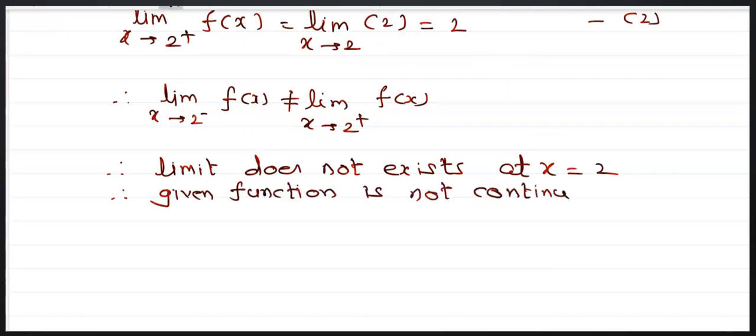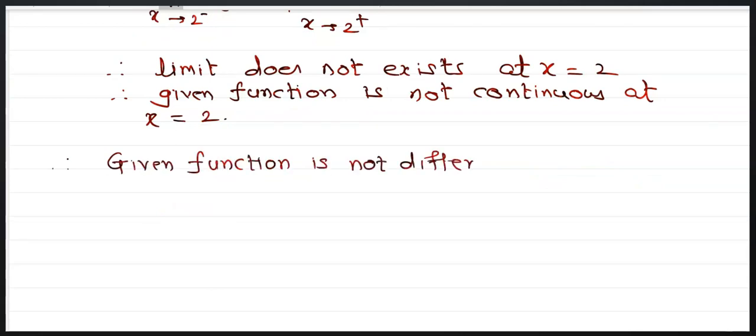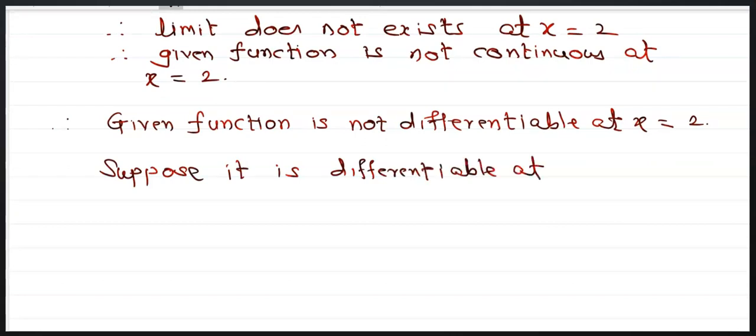At x equals 2, again, the given function is not differentiable. If it is continuous, then it is differentiable. Next, suppose it is differentiable at x equals 2. Then it must be continuous.